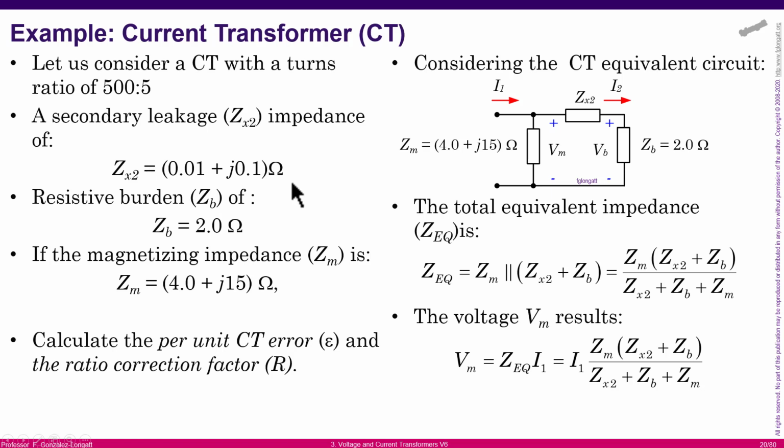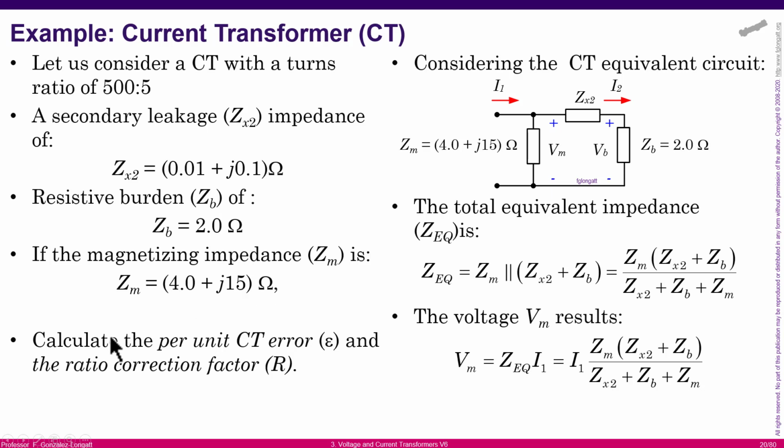We know that there is a secondary leakage impedance, and also we know the burden. The burden here is 2 ohms. As you can see, it is a fully resistive burden, okay? Then there is a magnetizing branch with real and imaginary component, 4 ohms plus j15.